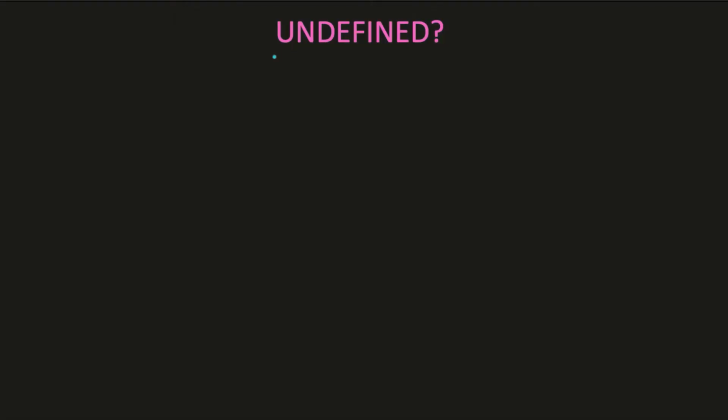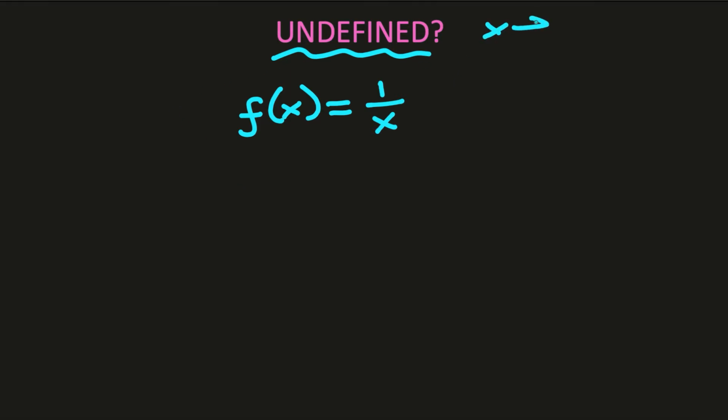We often see the keyword undefined being thrown around in a calculator, even though we're not really sure what it means. So let's just start off with the basic reciprocal function, 1 divided by x. And I want to see what happens as x gets closer and closer to 0. Alright, so let's start off with 1 divided by 1.